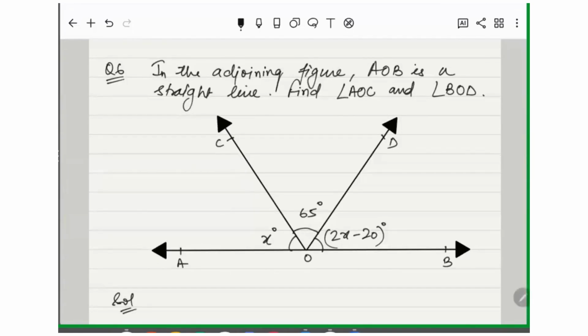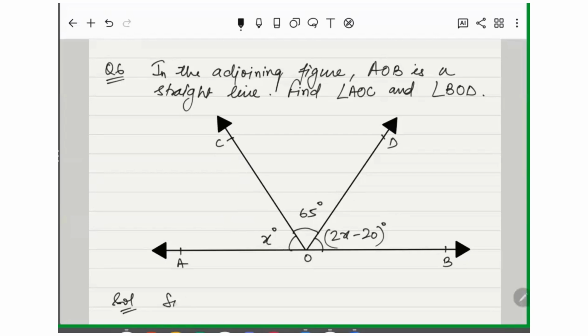To find the value of X, we will first apply the theorem that AOB is a line here, right? And the sum of all the angles on the same side of the line at a point O is always equal to 180 degrees, right? So this is the theorem.